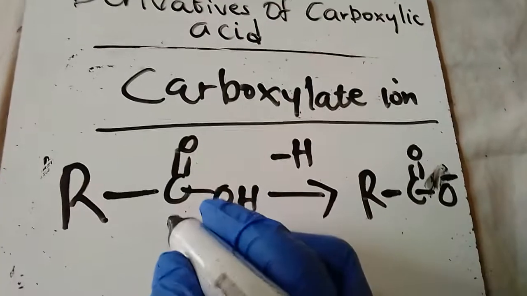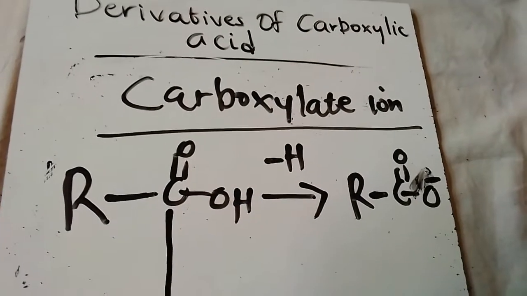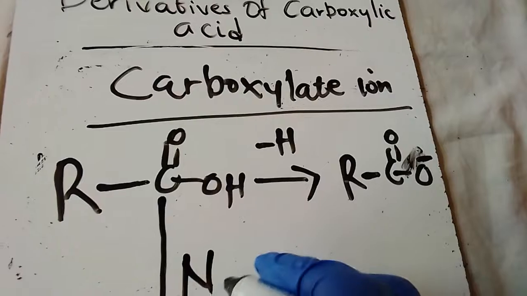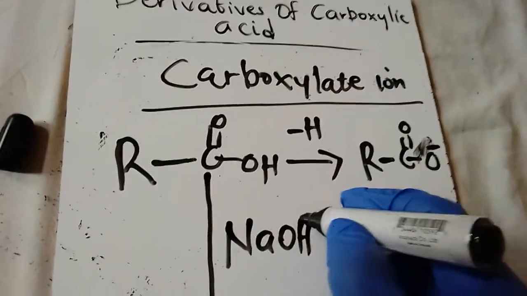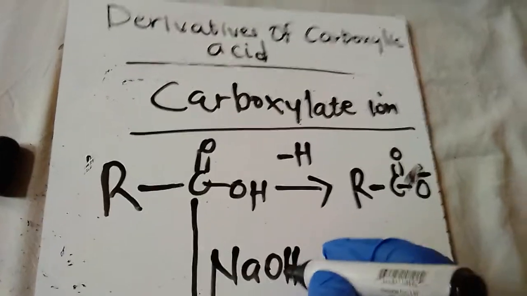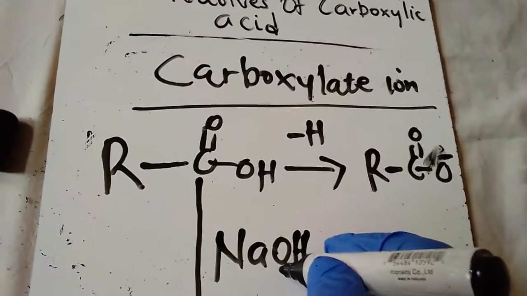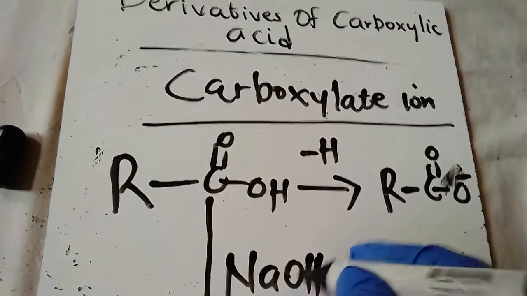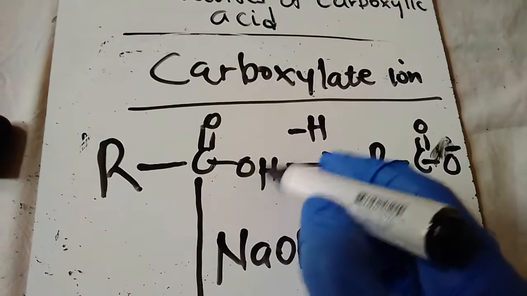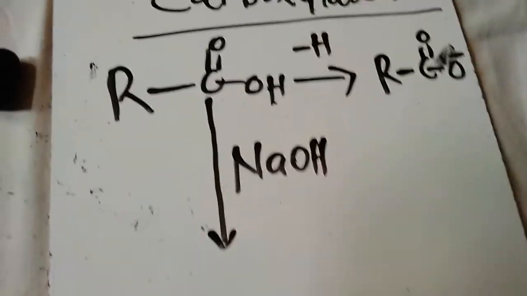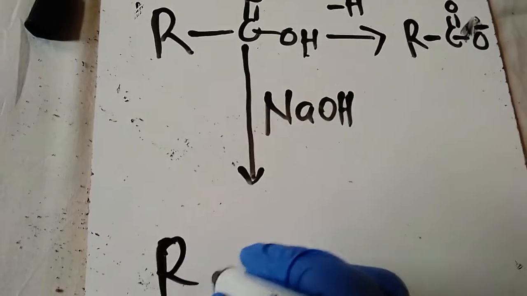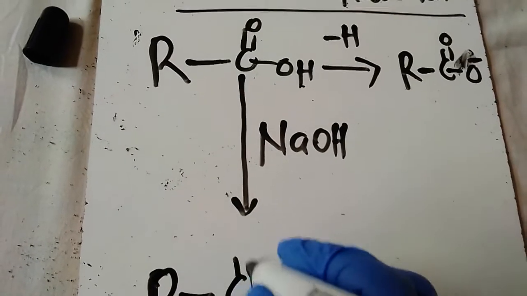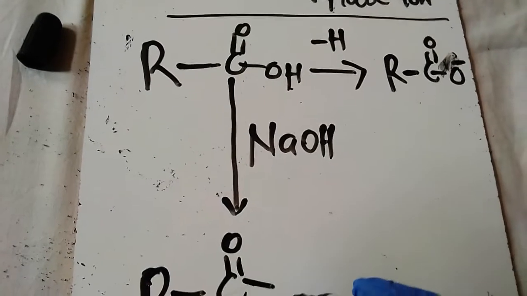So let's say we have this carboxylic acid in sodium hydroxide solution. As you know, a base is a proton acceptor. It will tend to trap this proton, leaving this ion in the solution.